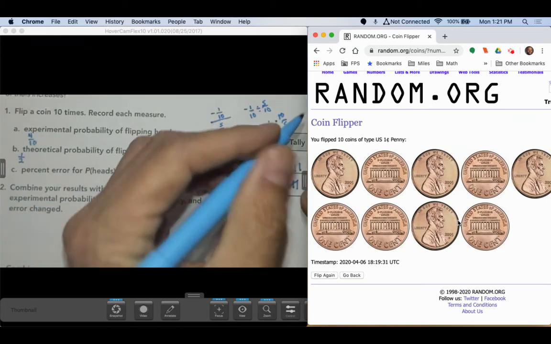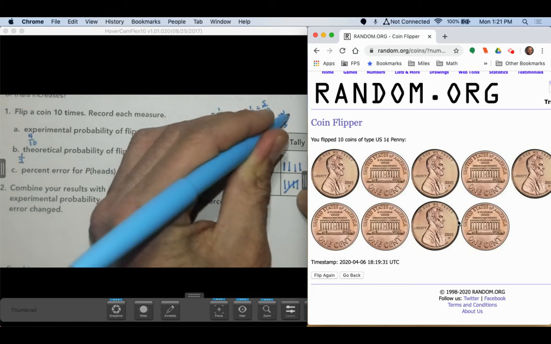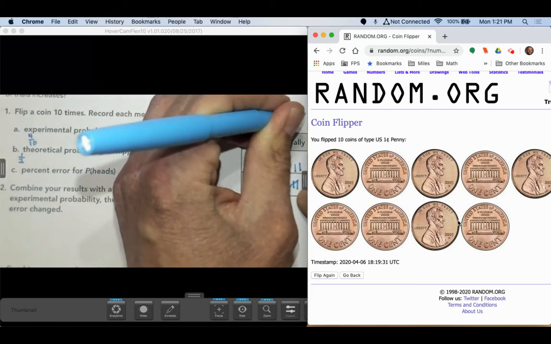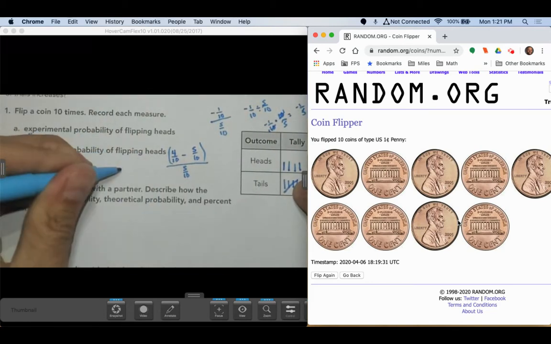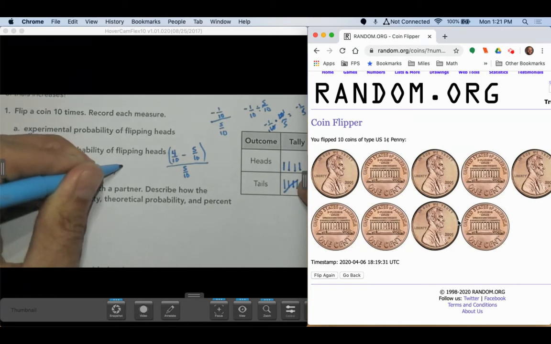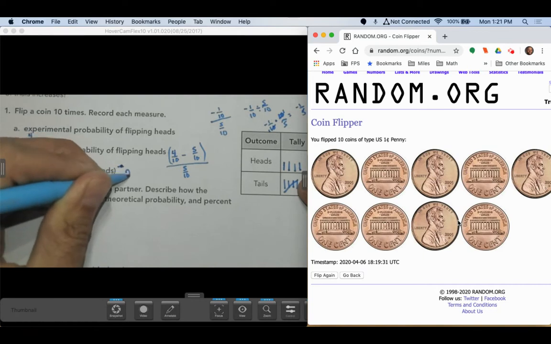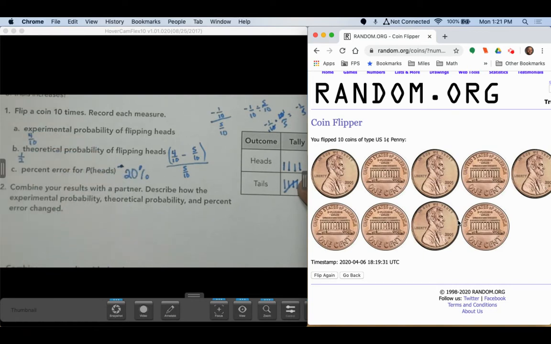I would reduce first, then multiply, and I would get a percent error. So I times that by 100. 1/5 times 100 would be -20%. So my experimental probability was 20% below what the theoretical probability would be.